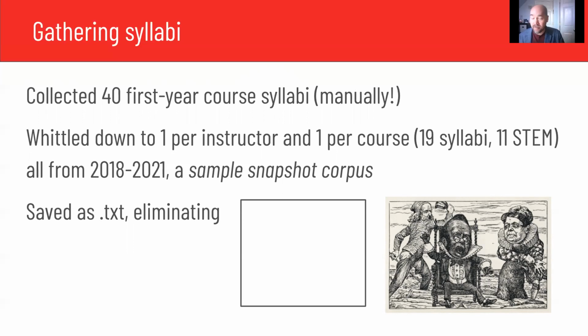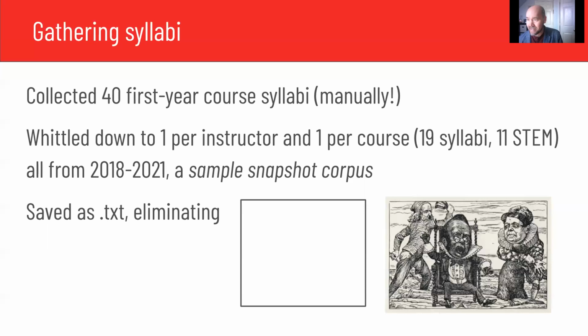They gave me like 5 syllabi, but I didn't want those instructors to be overrepresented in the corpus. I wanted the corpus to be a sample of different departments around campus. And so the technical name for this kind of corpus is a sample corpus, because it's trying to draw somewhat equally from different places, and also a snapshot corpus because it's drawn from a particular time frame.